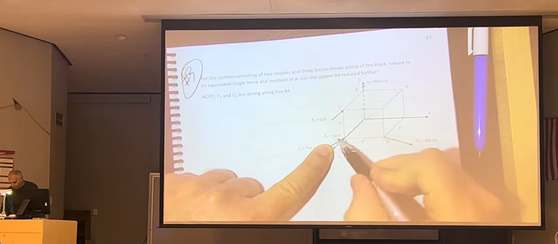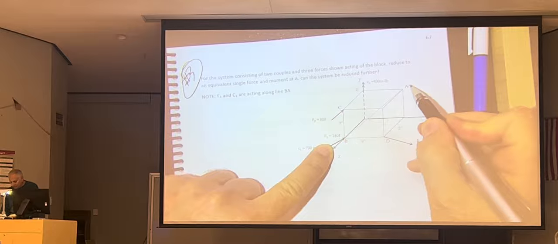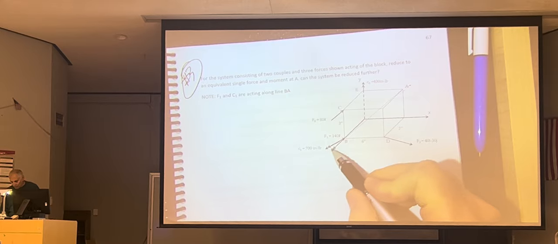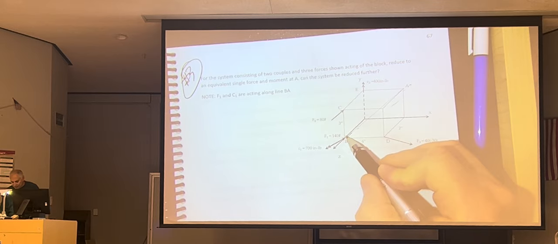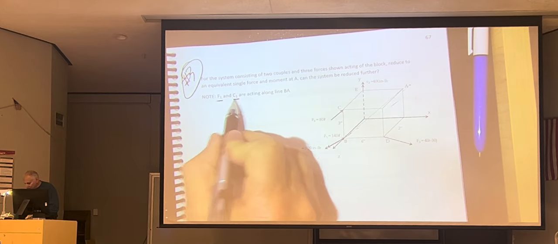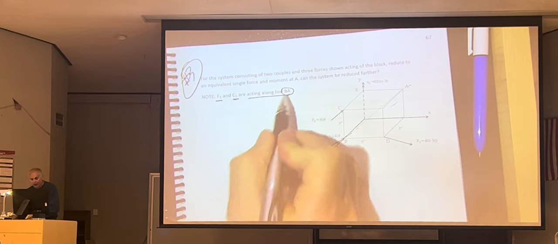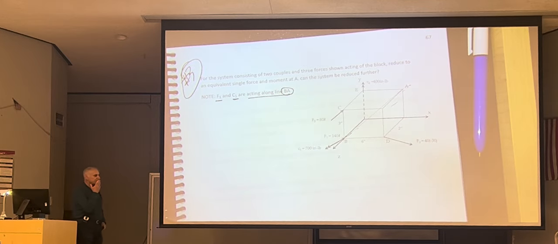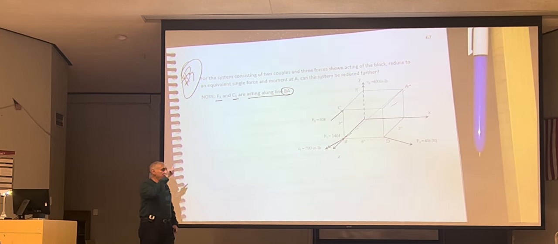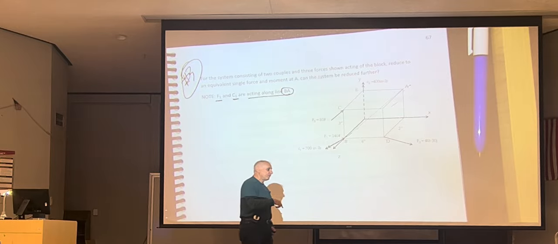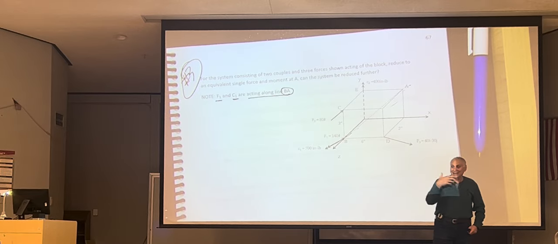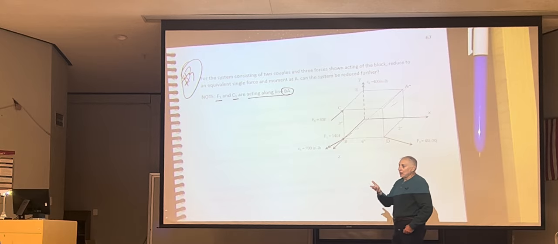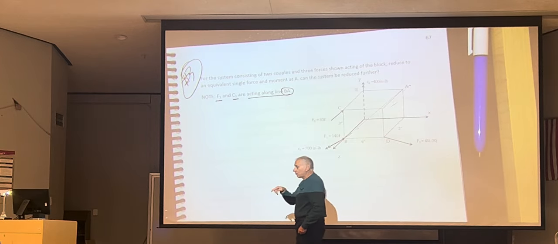One, a force F1 that is along B to A, and then you have this couple or moment that is acting along A to B. So F1, C1 act along this line. One is going B to A, the other going A to B. So the moment is going A to B because the double arrow goes from A to B. The other one, the force, the 140, goes from B to A.